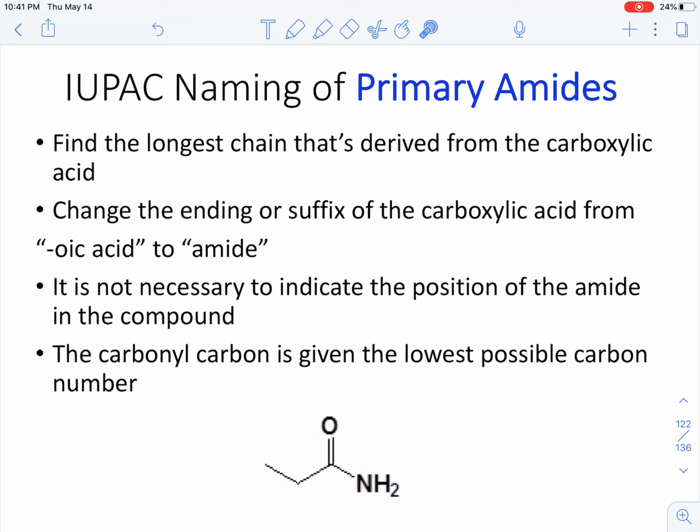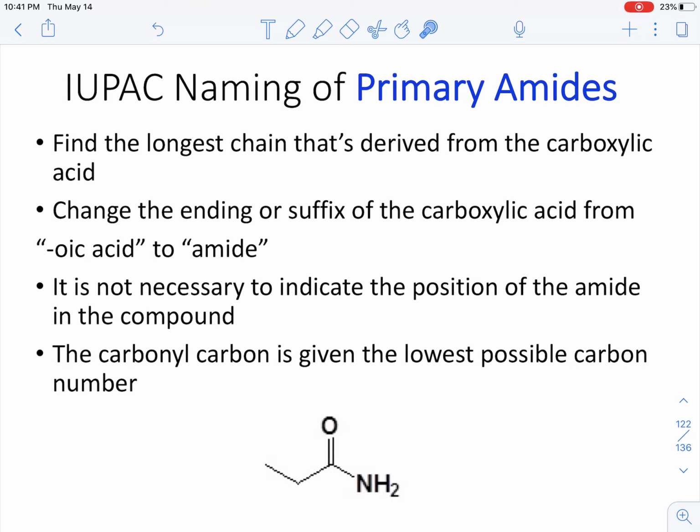To name a primary amide, the first thing you need to do is find the longest consecutive carbon chain, and that has to be derived from the carboxylic acid. Another way to see this is find the longest consecutive carbon chain that connects to the carbonyl group. I'll probably use that instead of this rule that I typed out. Here I've identified my carbonyl group.